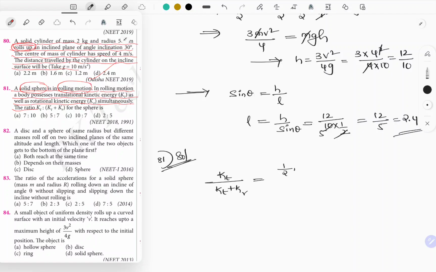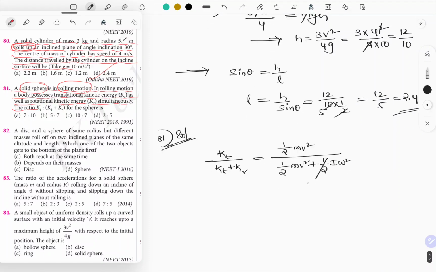The formula is 1/2 mv² plus 1/2 Iω², the rotational kinetic energy. 1/2 will get cancelled out. So mv² divided by mv² plus the moment of inertia of a solid sphere, which is 2/5 mr². Omega is replaced in terms of v, so this is going to be v²/r².